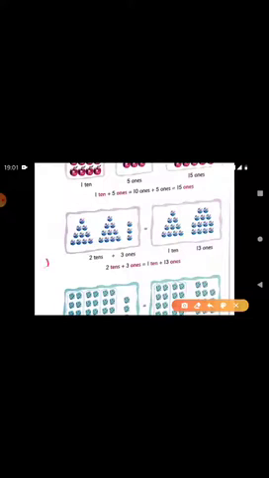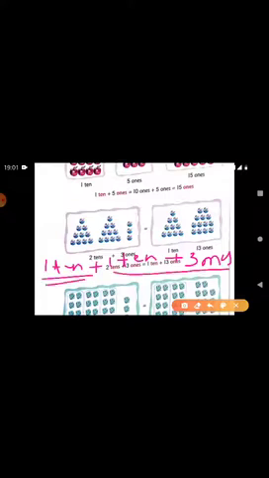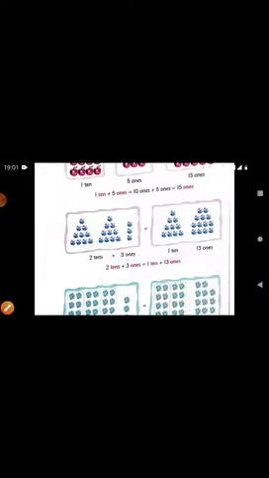This 1 ten remains the same and we regroup the other 1 ten and 3 ones. So this becomes 1 ten plus 13 ones.